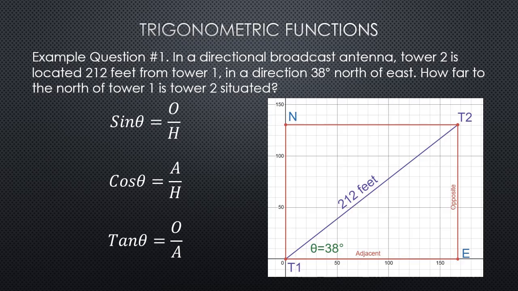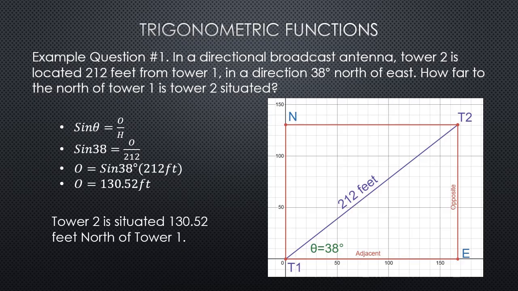So we would want to use sine of theta equals opposite over hypotenuse. So now if we insert all of our known variables, we get sine of 38 degrees is equal to opposite over the hypotenuse, which is the 212 feet.